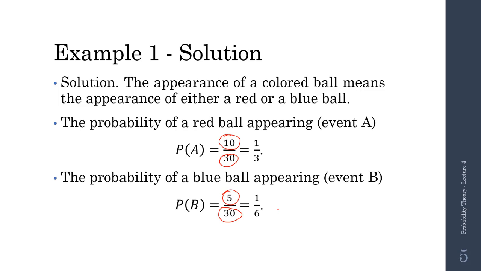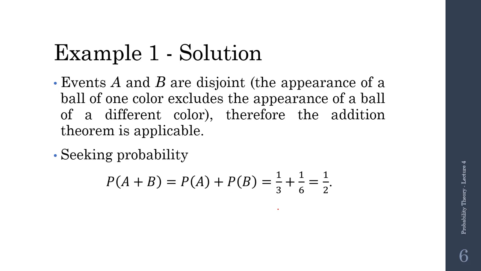When we add them together, we get 1 over 2. The total number of balls in the basket is 30, 15 of them white and 15 of them colored. So when you choose any ball from the basket, the probability of getting a colored ball is 1 over 2, which is also equal to 0.5.